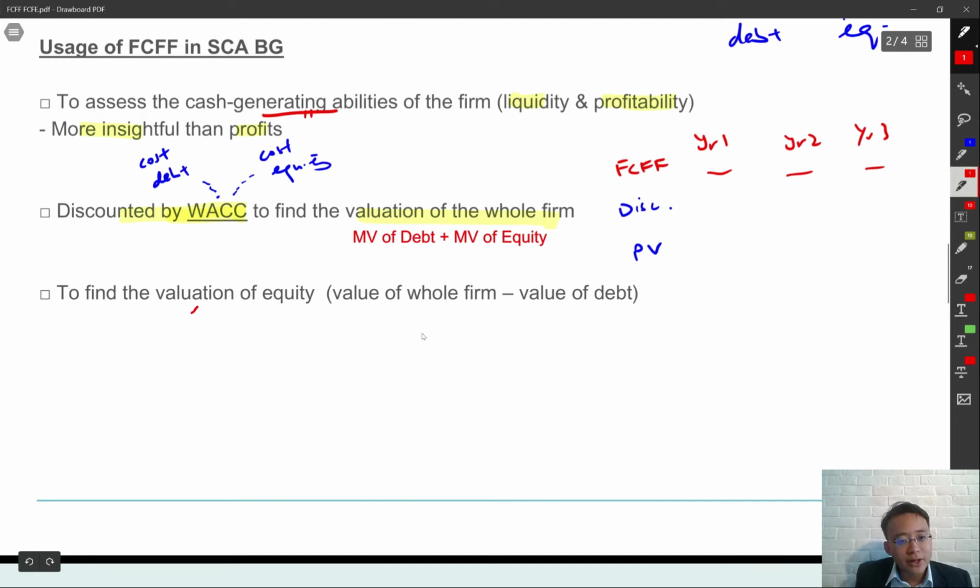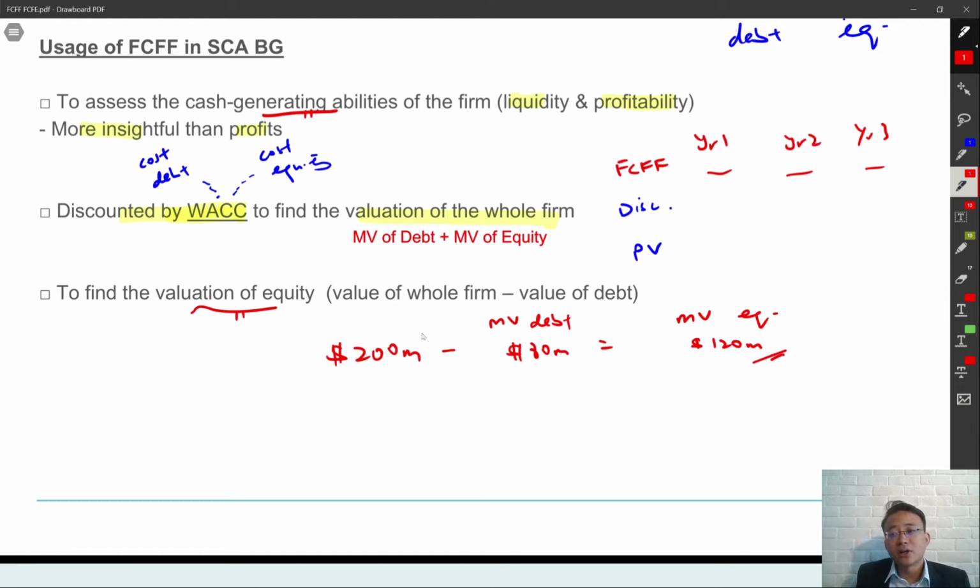If you wish to find the valuation of equity, no problem. If you know the value of the whole firm, for example, the whole firm's value is 200 million, all you have to do is minus off the market value of debt. Maybe your market value of debt is 80 million. And what you'll be left with is the market value of equity, which is $120 million.